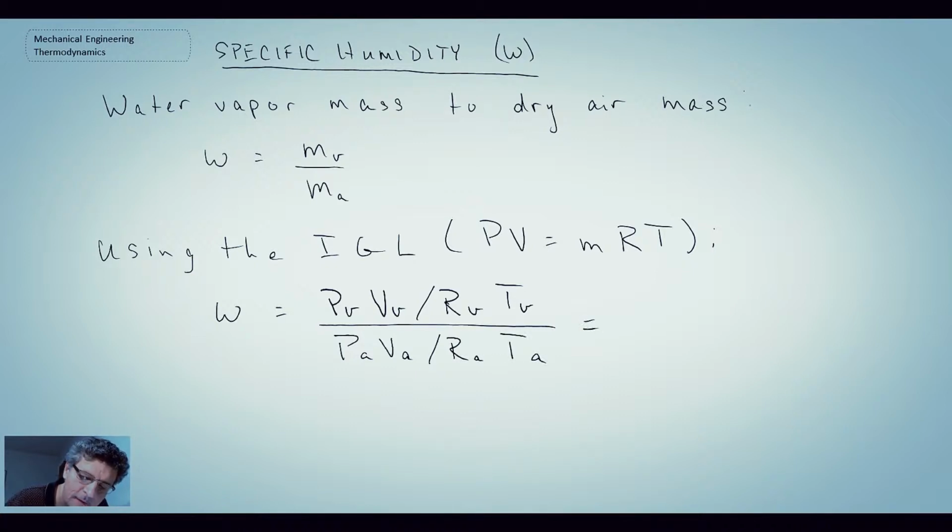and if both of the components of the mixture are at the same temperature, and if they're both occupying the same volume, what we can write, we get this expression here, and then the ratio of specific heats, that would be the value for air divided by the value for water vapor.